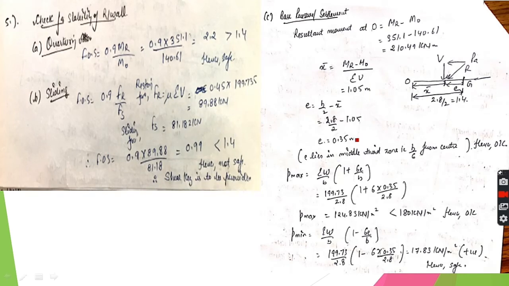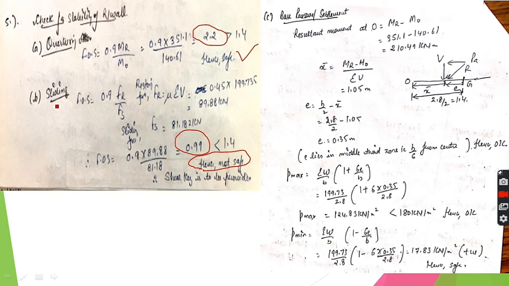Then we apply all the stability checks. This also I will not explain, just look here that the overturning factor of safety is coming out to be 2.2, which is greater than 1.4, hence safe. The sliding factor of safety is coming out to be 0.99, which is less than 1.4, hence not safe. This type of problem we also did in the previous question.